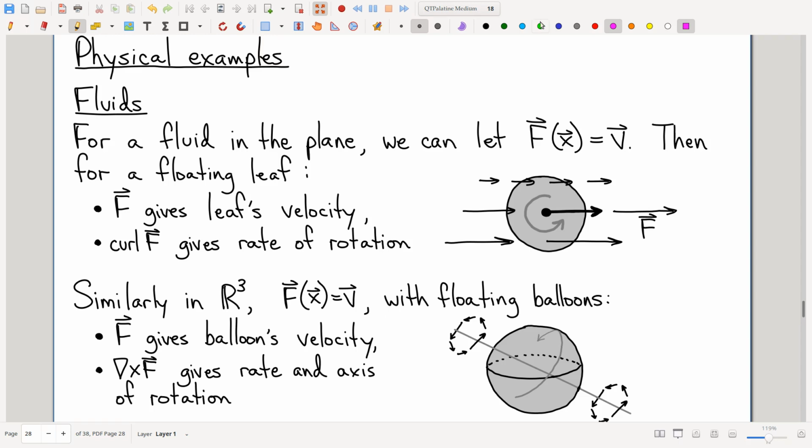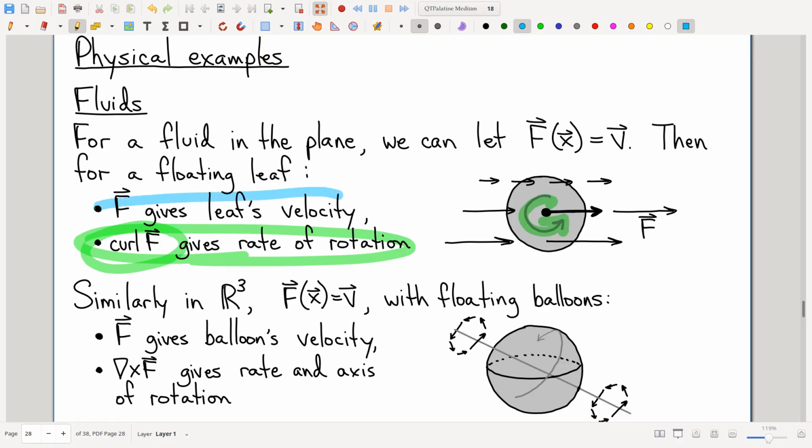We have previously observed that curl is telling you the nature of the rotation that's implicit in a vector field that describes the velocity of the fluid, or either velocity or velocity times density, depending on the context, and again, different interpretations.